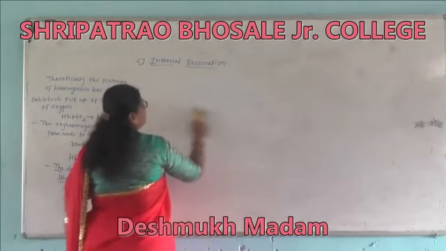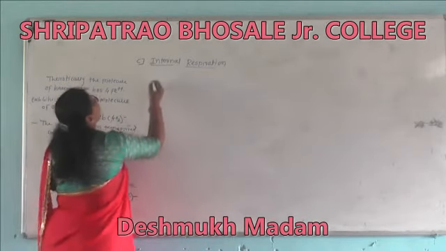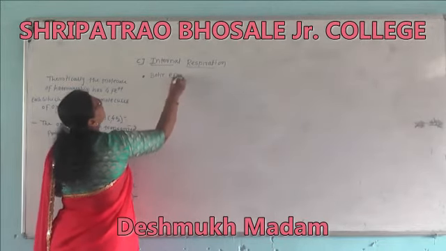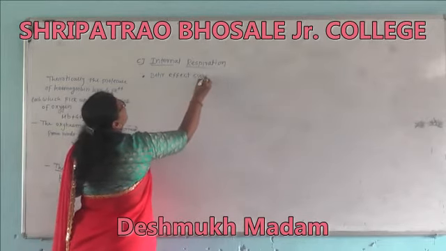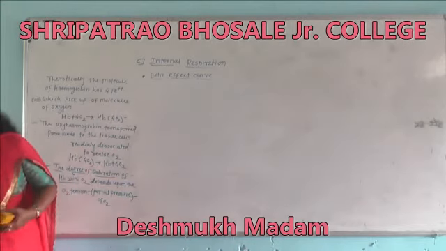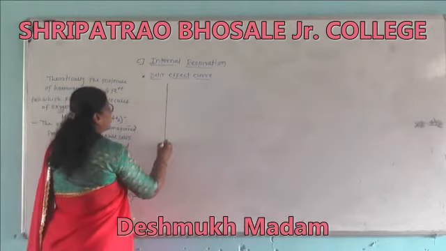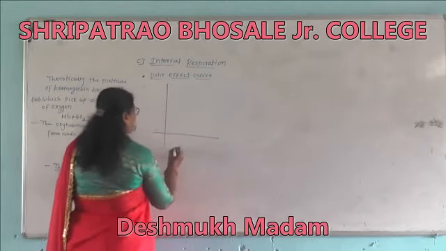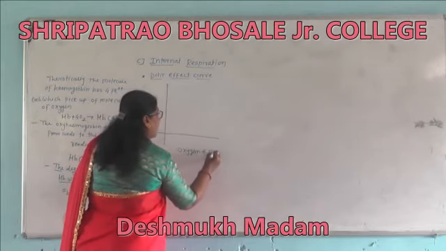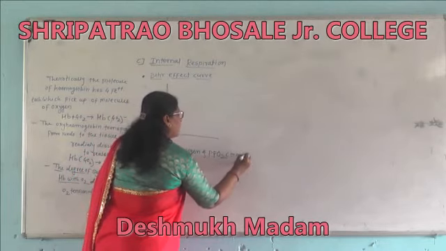In this graph, the Bohr effect curve, on the x-axis we plot the partial pressure of O2 in mmHg.